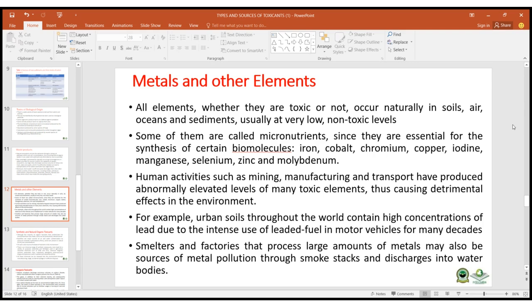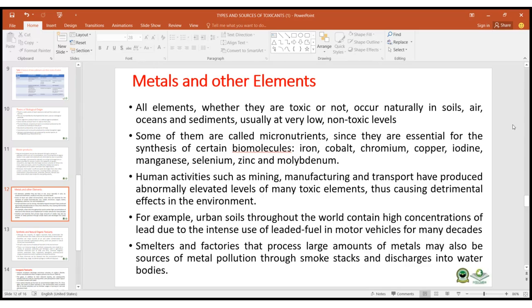So if you check the soil in the cities and also check the soil in the villages, the soil in the cities will have higher levels of lead because many of the gasoline or fuel that we use are leaded.